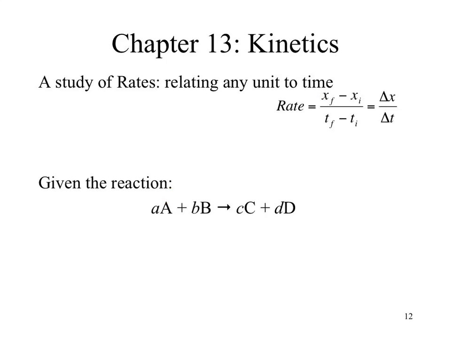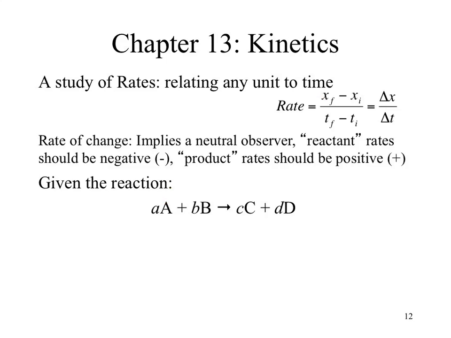One of the things that we address is how we refer to these things. A rate of change implies a neutral observer. So we don't really get to see a directionality according to our numbers. So when we go through and calculate a rate of change, the sign will naturally tell us what's happening with the reaction.